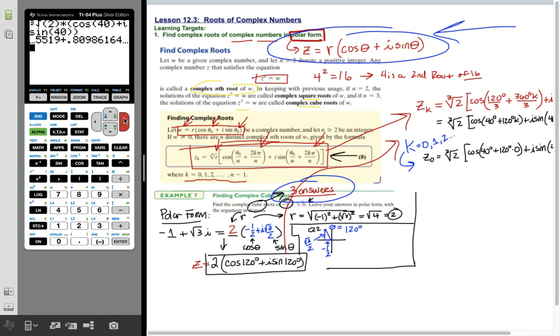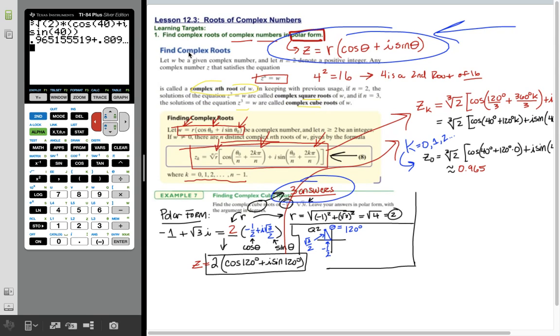When all is said and done, I should get 0.965 plus 0.810i. So that's going to be my first complex root based on that number, approximately 0.965 plus 0.81i.